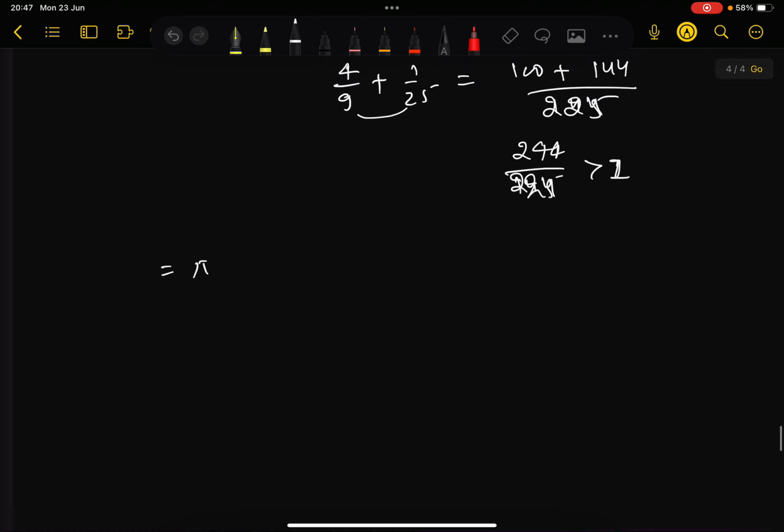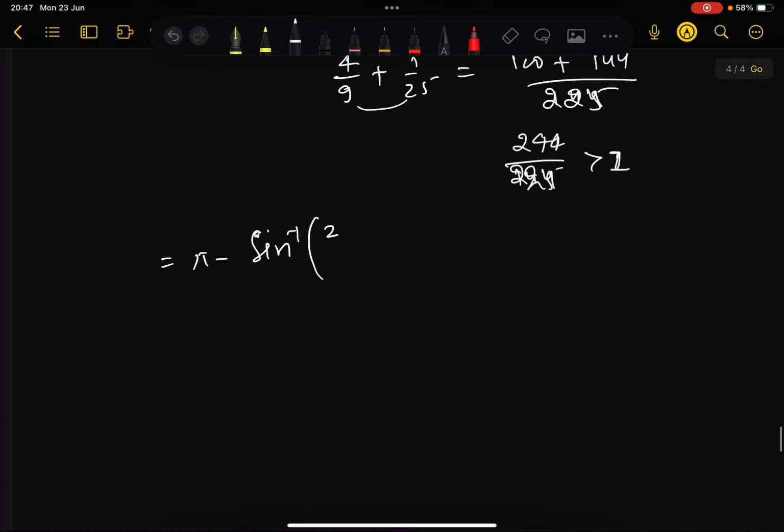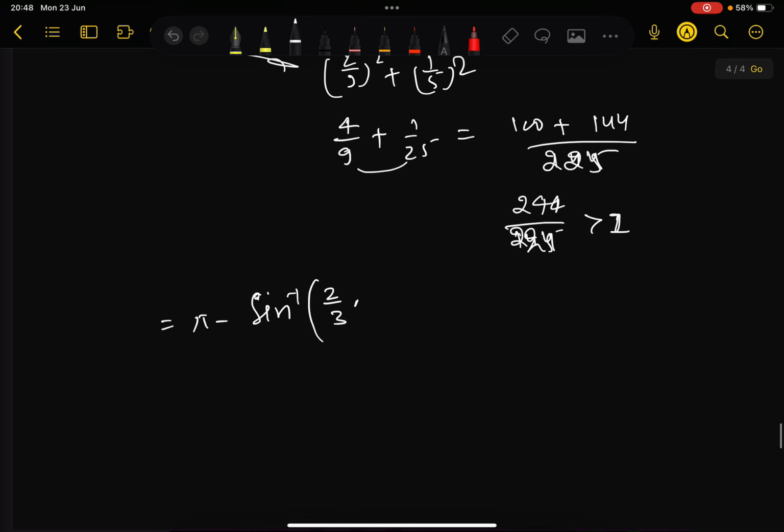If we use the second formula, that is pi minus sine inverse, what is the value of x here? 2 by 3. Times the root of 1 minus y square, where y is 1 by 5. So root of 1 minus 1 by 5 whole square. Again plus 1 by 5 times the root of 1 minus 2 by 3 whole square.